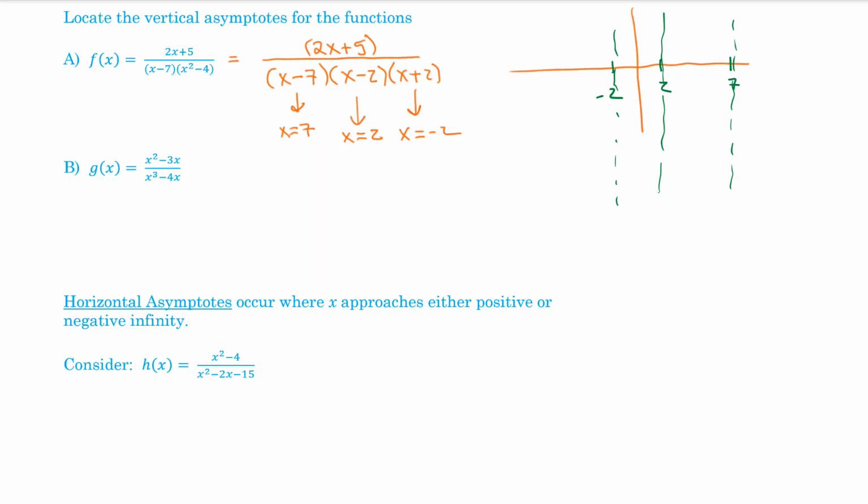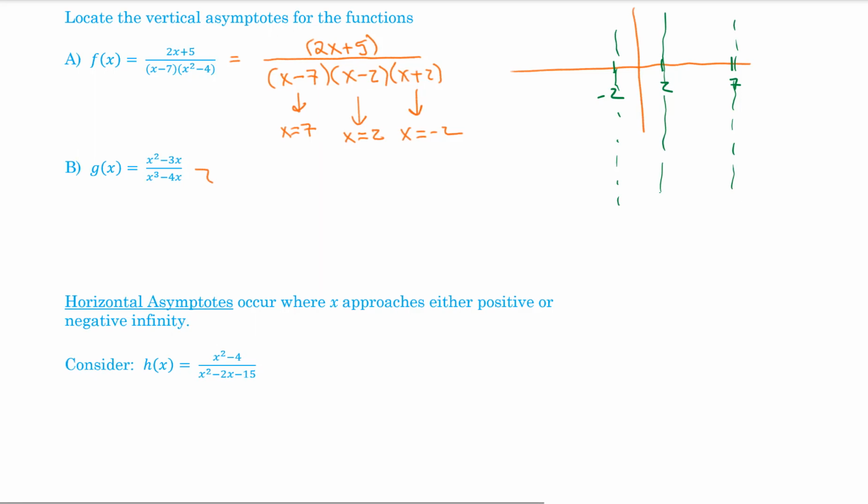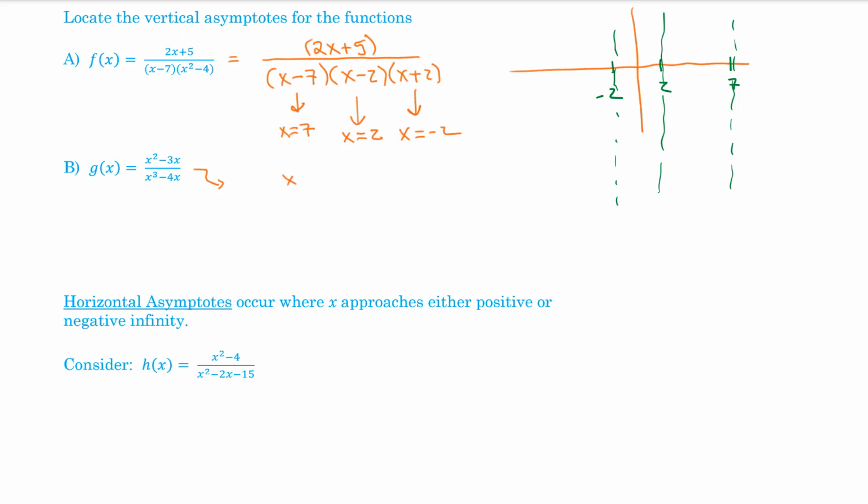In this situation, this will factor to give us x times x minus 3 over, hey look, in the denominator we can factor out an x. We're going to have x squared minus 4. This will factor a little bit further.